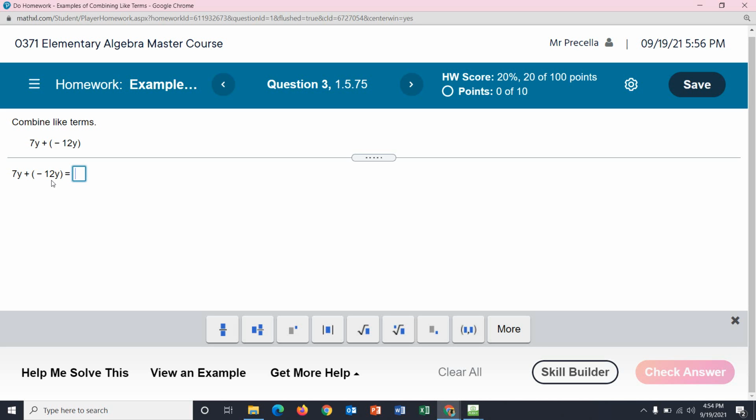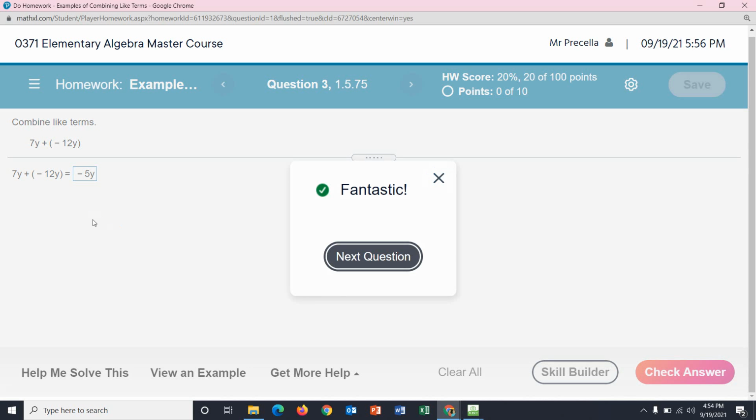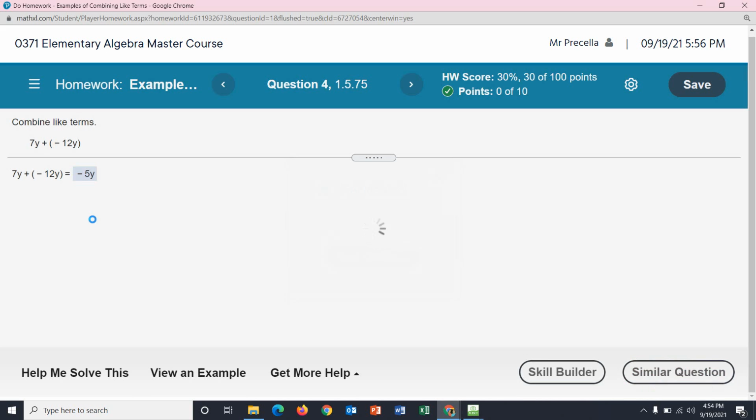7y plus a negative 12y. Well, those are like terms. They're the same variables. So let's add positive 7 and negative 12. Positive 7 plus a negative 12. You subtract, take the sign of the bigger, so negative 5y, check it, go on to the next question.